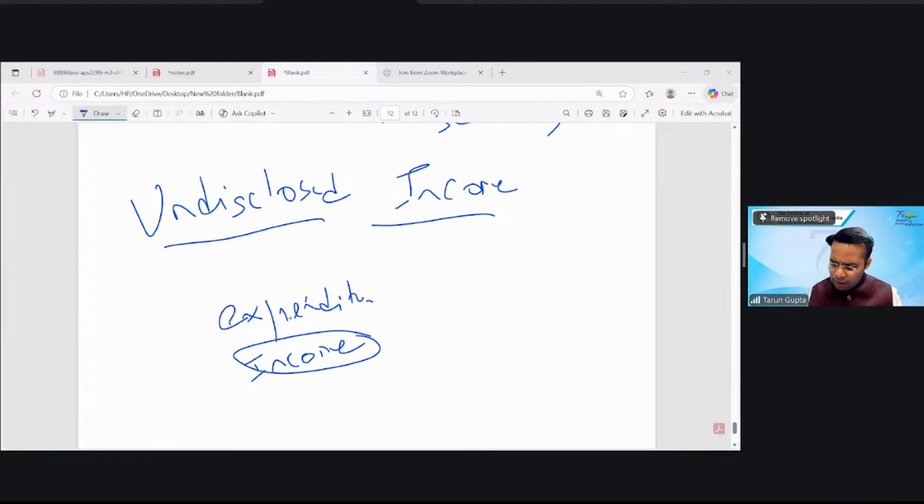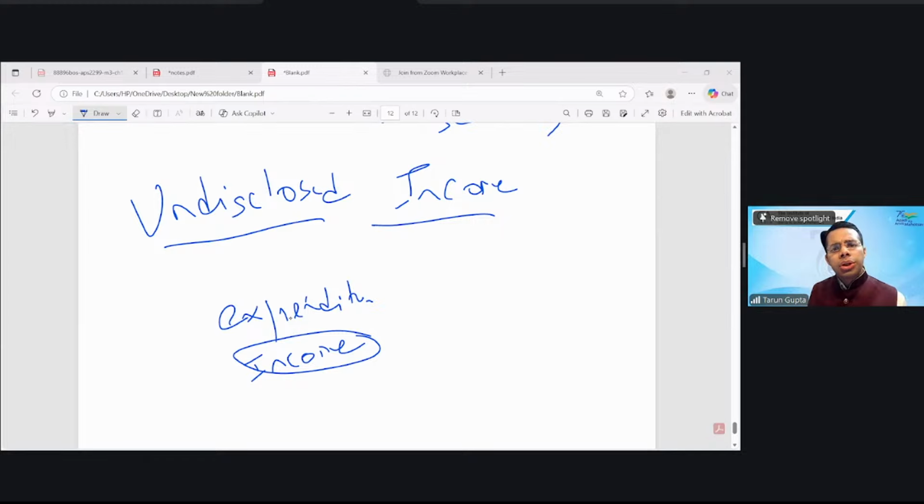Vagita is asking, is it section 68 to 69D? See, we are talking about the assessment, ma'am. Section 68 to 69D is related to undisclosed income, right? I think you're asking this in respect of undisclosed income. This is very much similar, but the definition of undisclosed income is given in chapter 14B, which we are doing, the search.